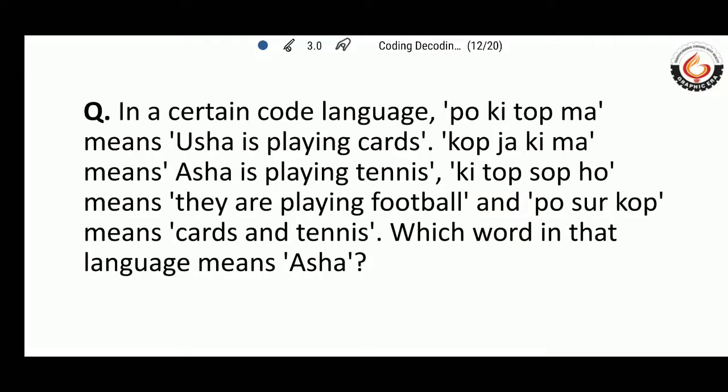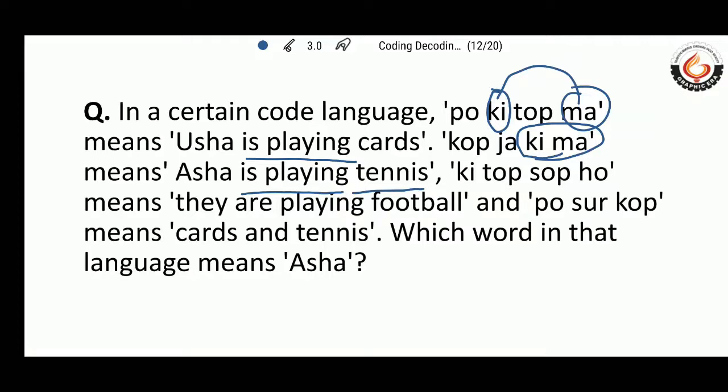If we see what is common in the first two sentences, playing is common, which means KI and MA are common. What is playing we don't know currently, but KI and MA is for sure playing. What do we need to remove further?